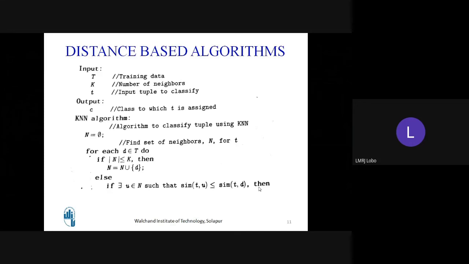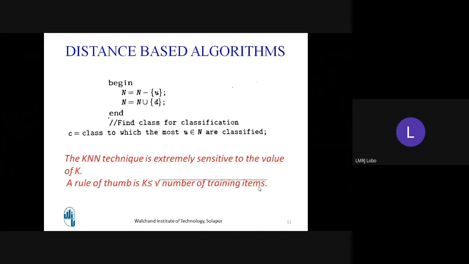We are going to find a similarity between these items and put them into our data set, and generate a set of tuples which have to be put into that particular class. The k nearest neighbor technique is extremely sensitive to the value of k, where the rule of thumb is that k is always less than or equal to the square root of capital N, the number of training items.